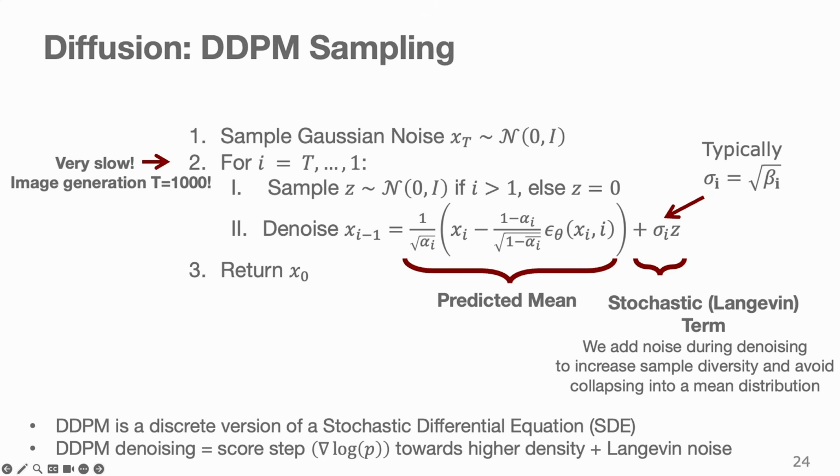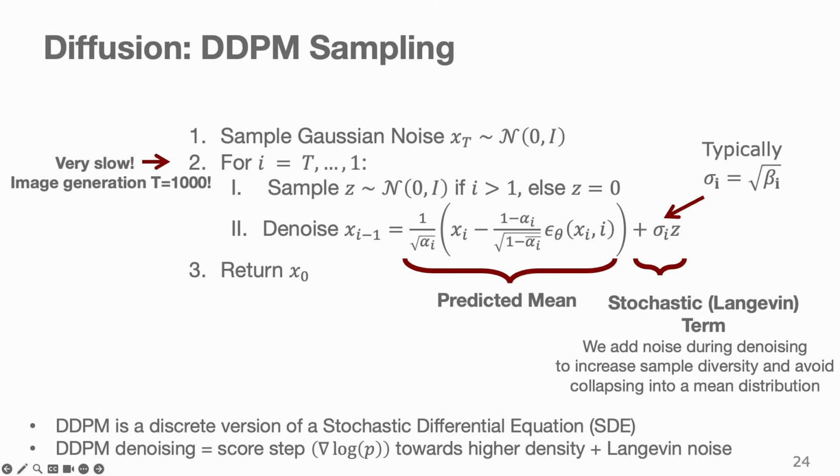How we actually generate samples with this trained diffusion model. The first one is the DDPM sampling procedure, where we start by sampling Gaussian noise, then iterate from T down to 1, and at each denoising step, we apply this formula that you see on the slide.